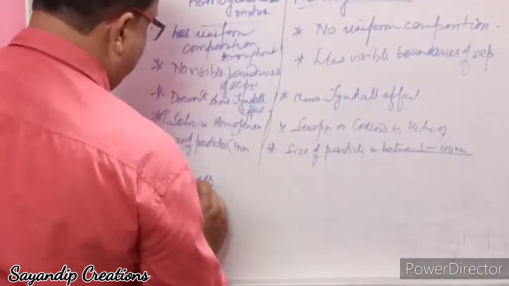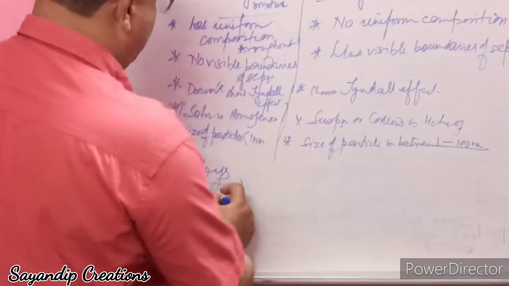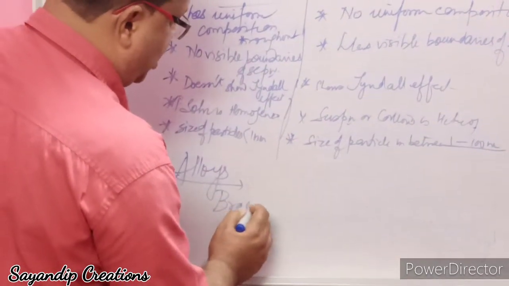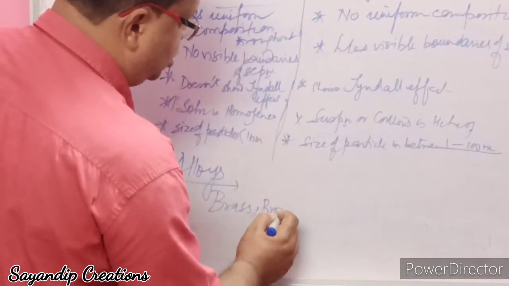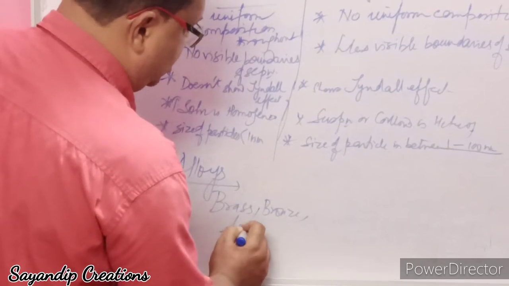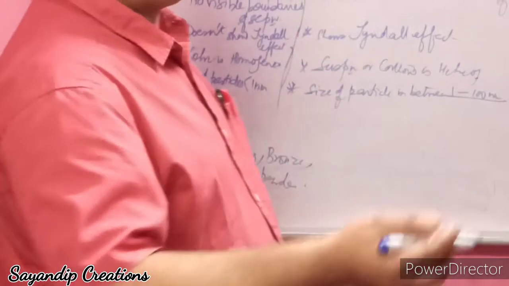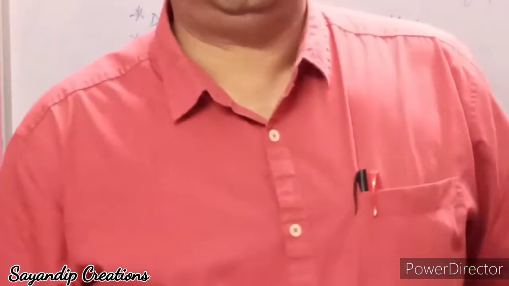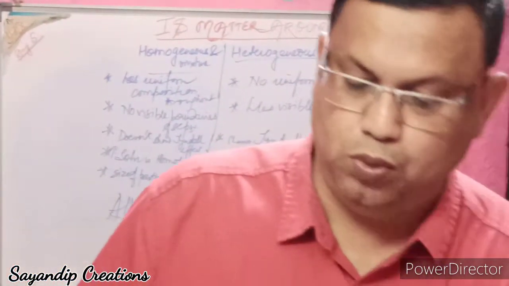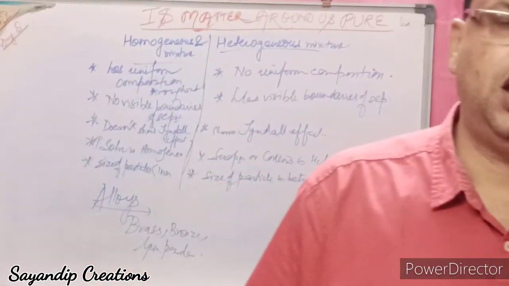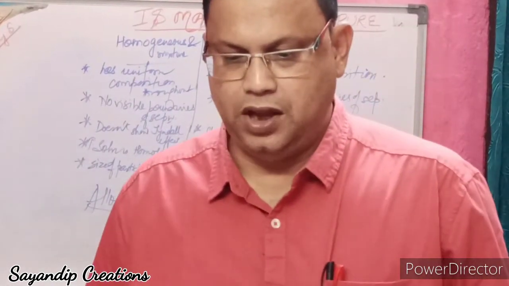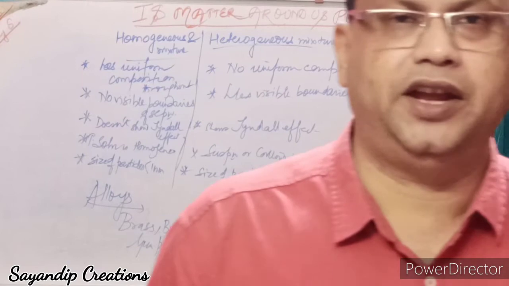You know, brass, bronze, these are all alloys. Alloys are homogeneous mixtures of metal as well as non-metal, and they can't be separated by any physical method.